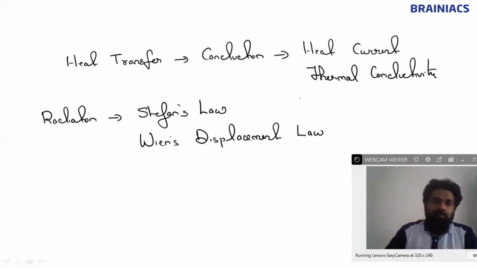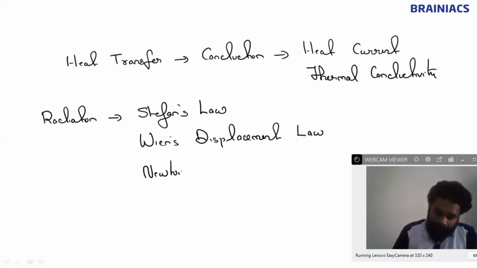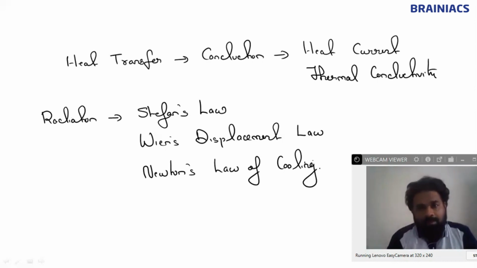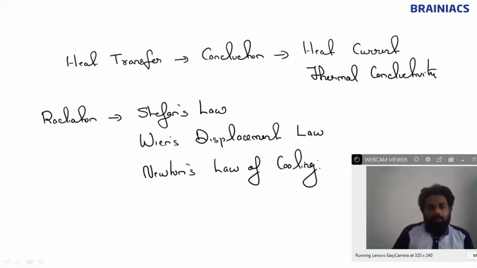So Stefan's law, Wien's displacement law, then Newton's law of cooling. From all these topics, numericals or questions can come. So one by one, the necessary formulae and concepts we will discuss in the question when we do.